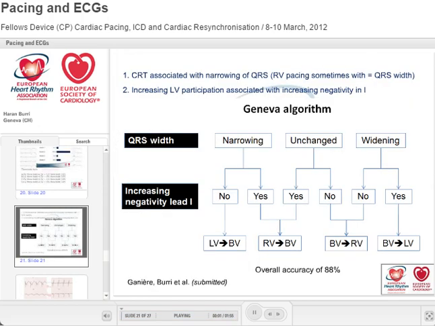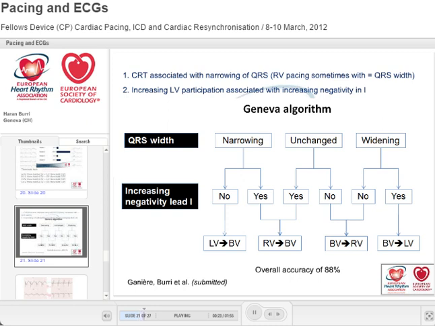There's another algorithm which we've been looking at in Geneva, because the algorithm that Young published in PACE in 2000 supposes that initially you have biventricular capture. And that's not always the case, because if you have intermittent capture on an ECG, what's the beginning and what's afterwards? There's no start with BiV capture.